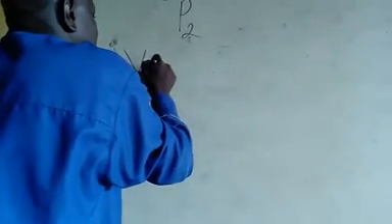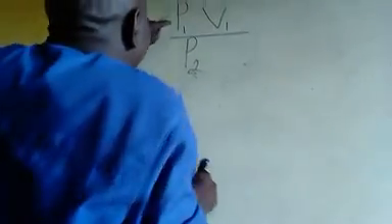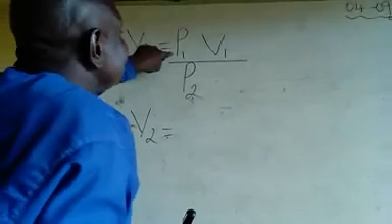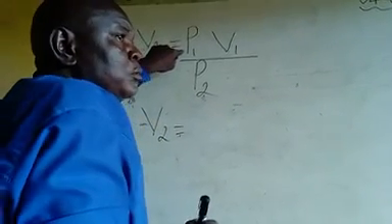V2 equals P1, which means initial pressure.